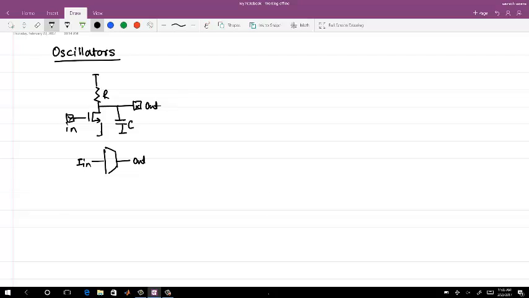Okay. So what I told yesterday is that if I have three such cells in feedback, and I can satisfy the condition on the gain and phase, this is going to oscillate. Okay. And we also saw that if you start from time instant t equals 0, it is in a state where it can oscillate if the gains are proper.